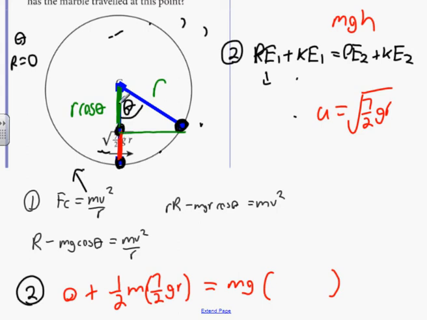Now, what we know is that the green line plus the red line added together give you r. So if I call the red line x, it's going to be x plus r cos theta has to equal the full radius r. Therefore x equals r minus r cos theta. That makes sense?